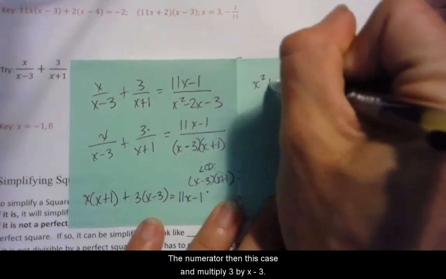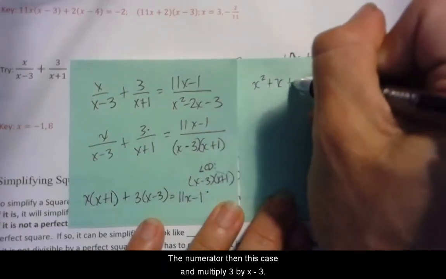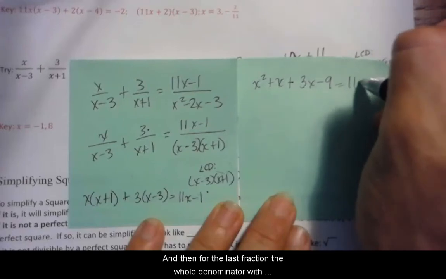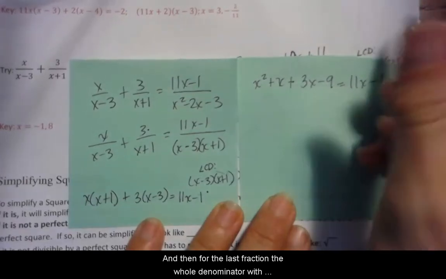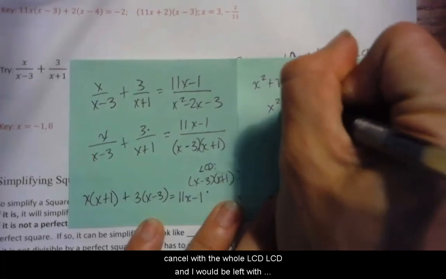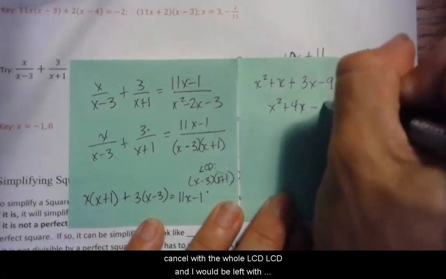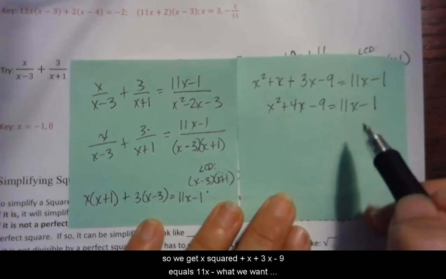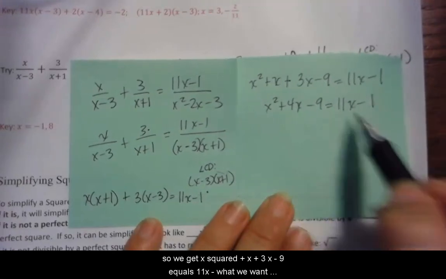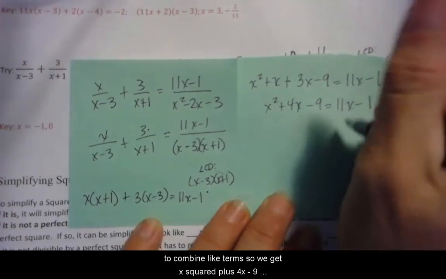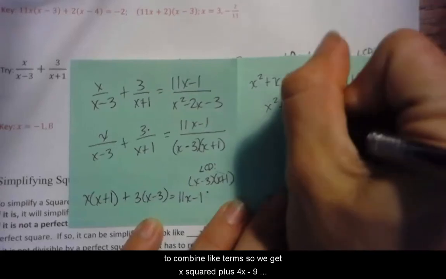So we get x squared plus 3x minus 9 equals 11x minus 1. We want to combine like terms. So we get x squared plus 4x minus 9 equals 11x minus 1. We want to make one side 0, and whatever we do to one side, we do to the other.